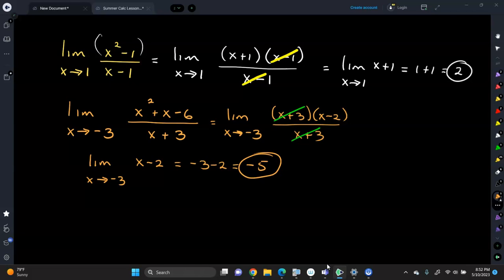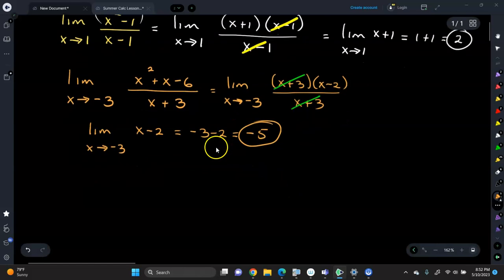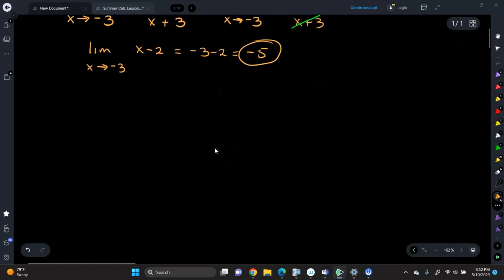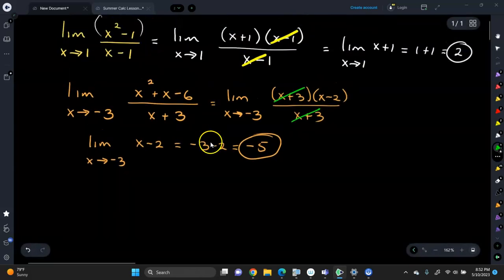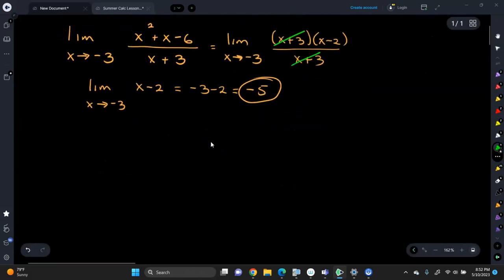All right, so let's see here. Let's look at what happens with some radicals. So here's another example. The technique we just used up there was a factoring technique. Now we're going to look at some rationalizing techniques.